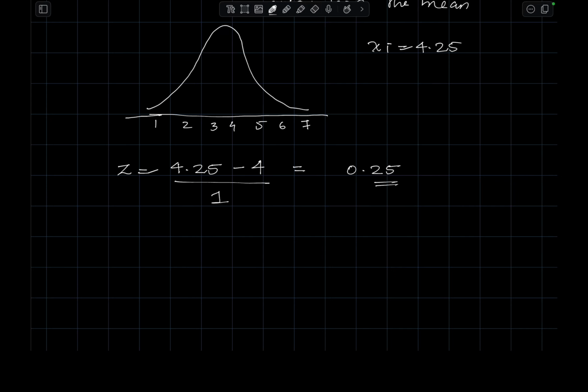And the Z score and the standard normal distribution are important in certain cases, as I said earlier. In some of the machine learning algorithms, for example, when we are applying Gaussian models, in certain cases it is important that the data is distributed in a standard normal distribution.